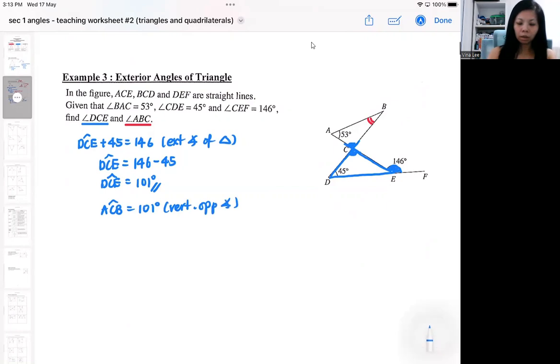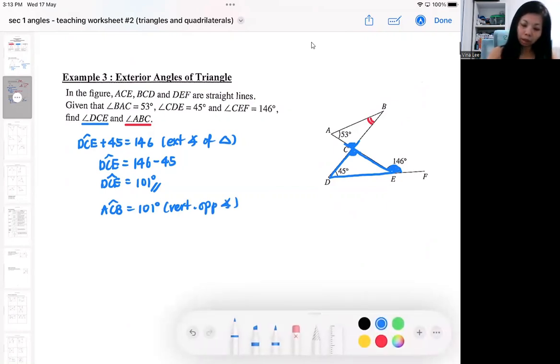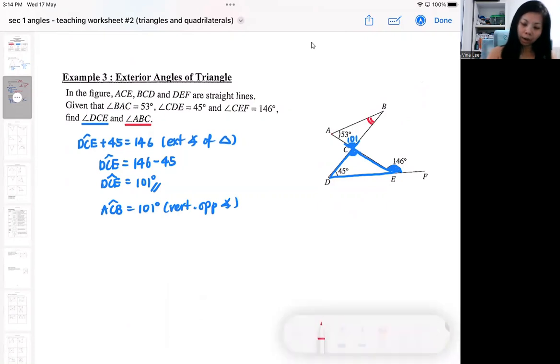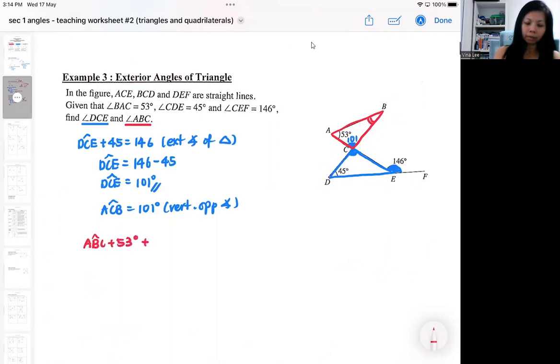And because of this, I can be using angle sum of triangle to find the red angle. So there is a vertically opposite angle that enables me to use angle sum of triangle. So I'm going to present it using my angle sum of triangle. So that is angle sum of triangle.